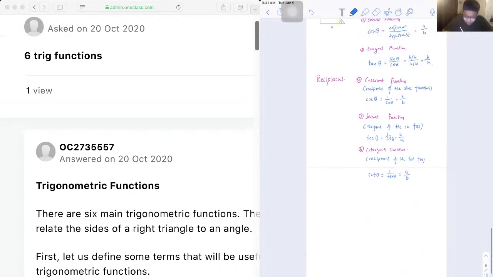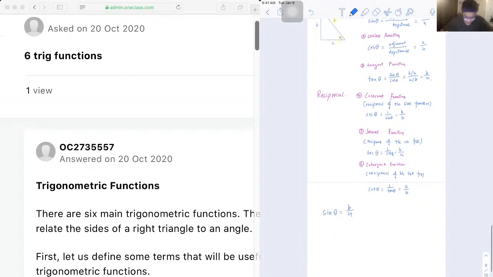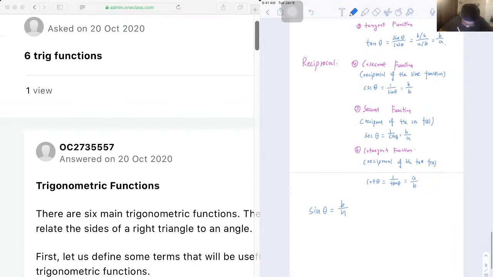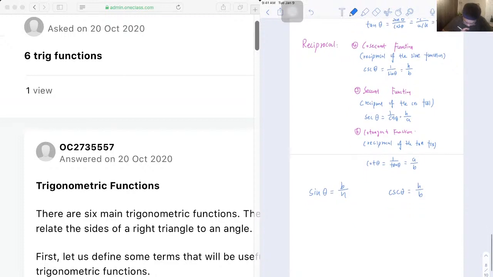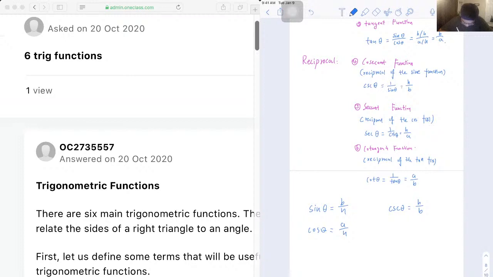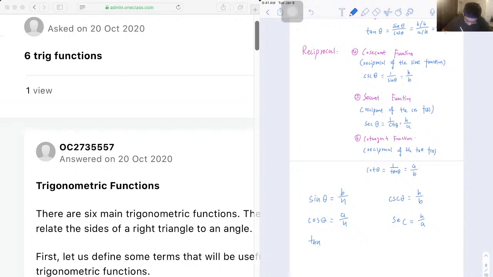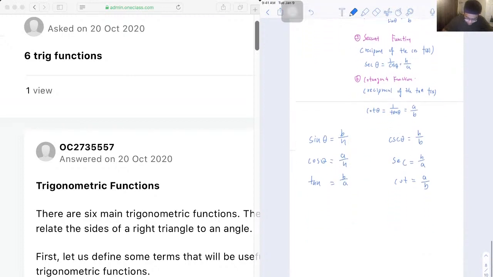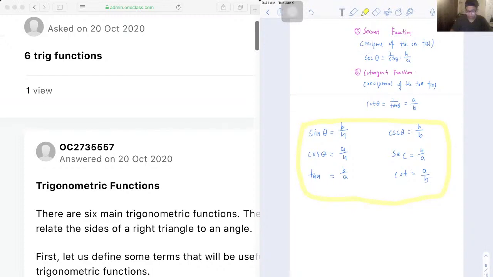So let's say we got sine theta is equal to B over H. So the cosecant function, which is a reciprocal of the sine function, will be just H over B. Okay, and for cosine theta, it is A over H. So the secant function is just going to be H over A, and tangent is equal to B over A. So the cotangent is just going to be A over B. Okay, so that'll be the answer for this question.